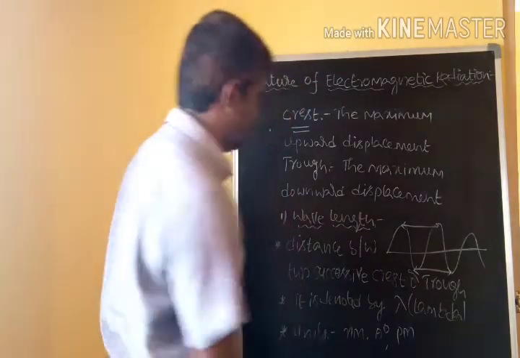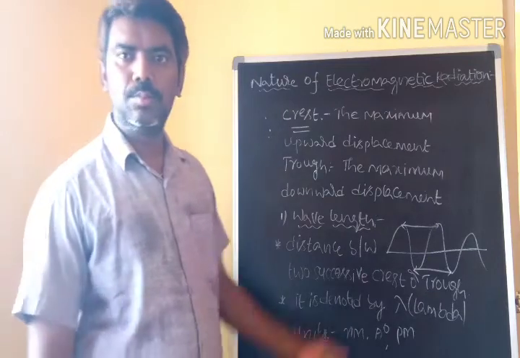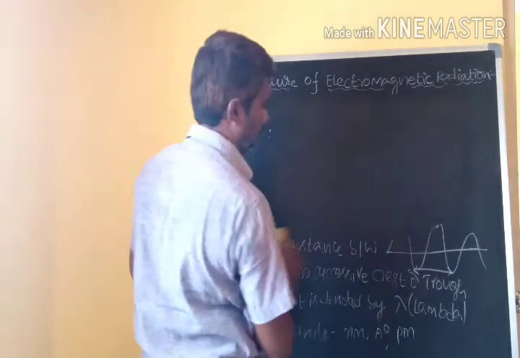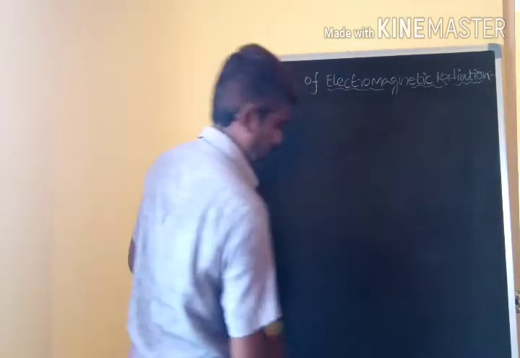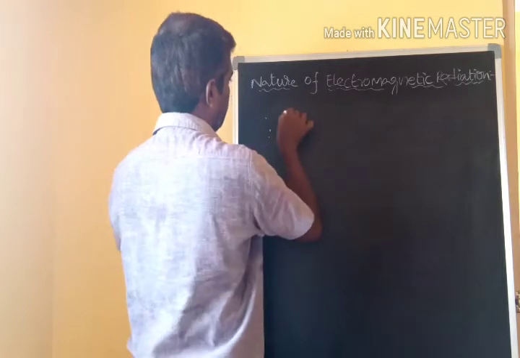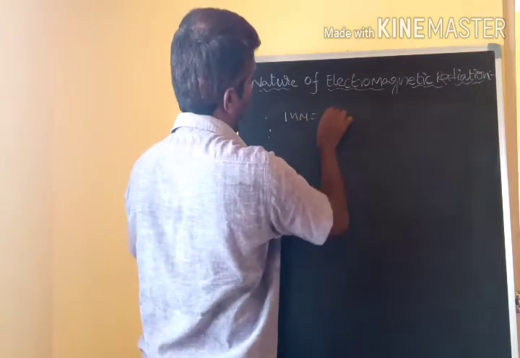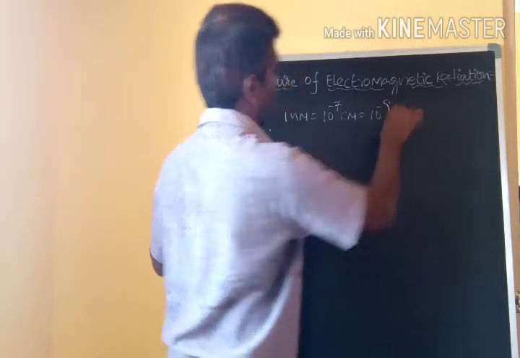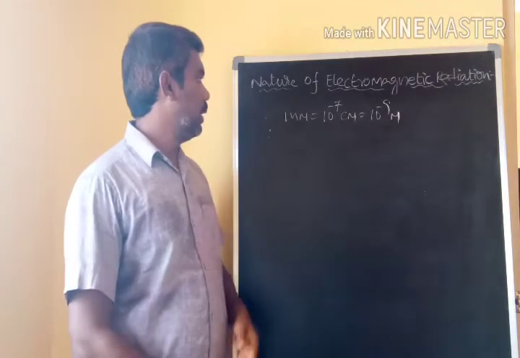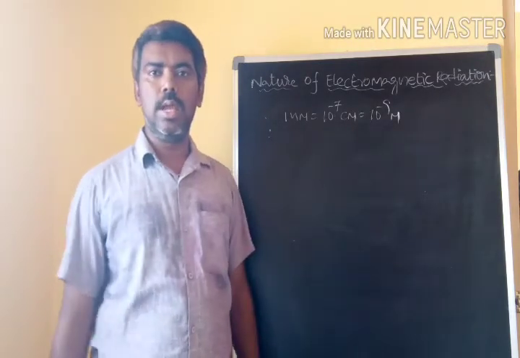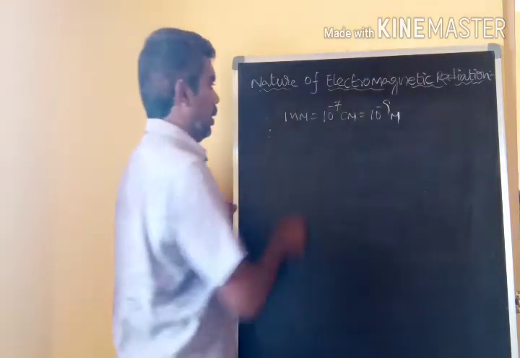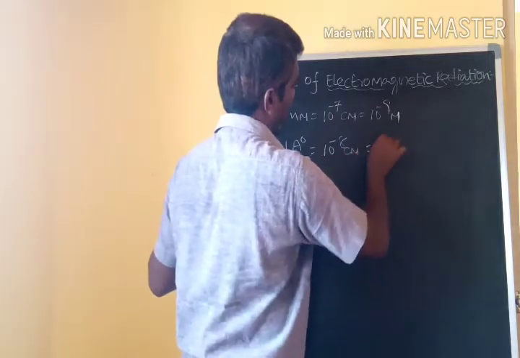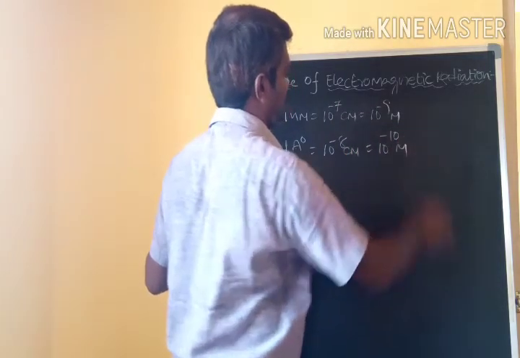Then what are the values of 1 nanometer, 1 angstrom and 1 picometer? 1 nanometer is equal to 10 power minus 7 centimeters, or 10 power minus 9 meters. 1 angstrom is equal to 10 power minus 8 centimeters, or 10 power minus 10 meters.